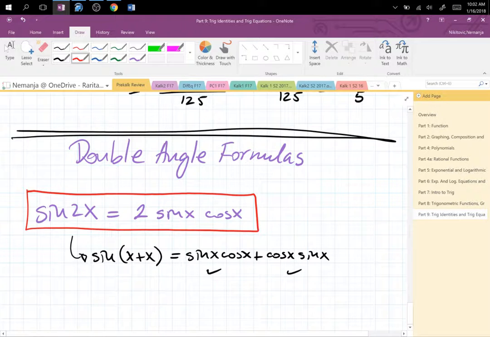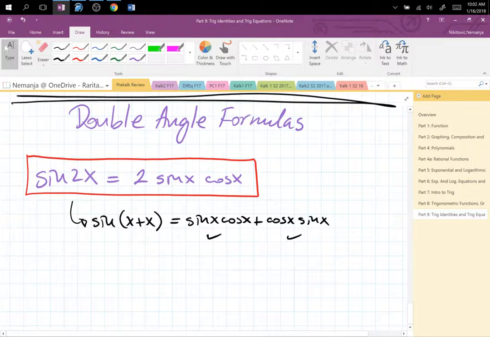So if you use just a basic addition formula where the two angles are x plus x instead of x plus y or alpha plus beta, whatever, we use sine of x plus x, and when you apply the formula from before, you actually get the formula for the double angle. Now this is used a lot. This formula is everywhere.